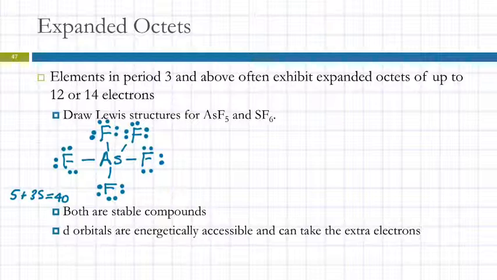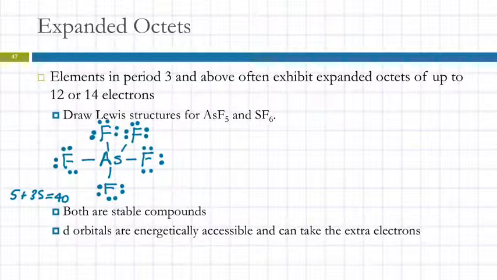If we look at their formal charges, fluorine brings 7 electrons and it leaves with 7, so it has a 0 formal charge. The arsenic was bringing 5 valence electrons in, and if we cut all those bonds in half, it will also leave with 5 electrons and have a 0 formal charge.